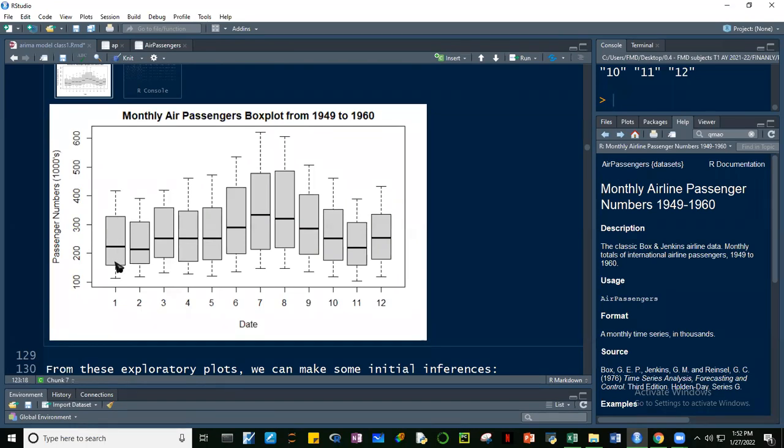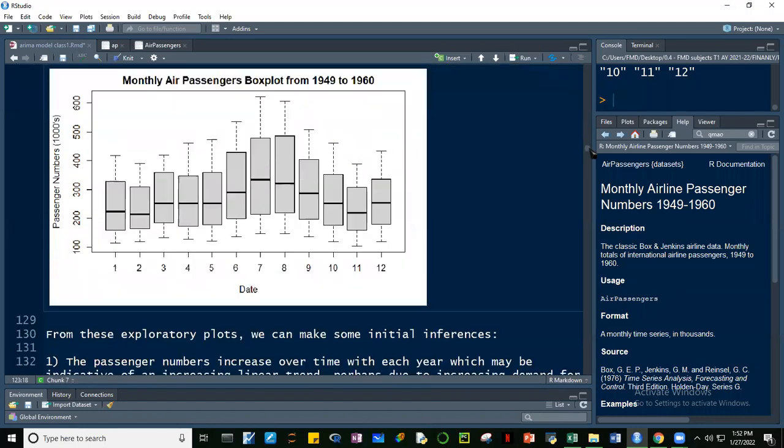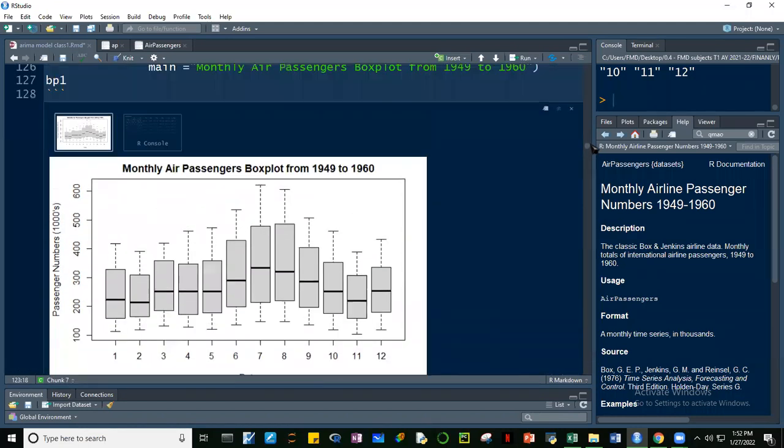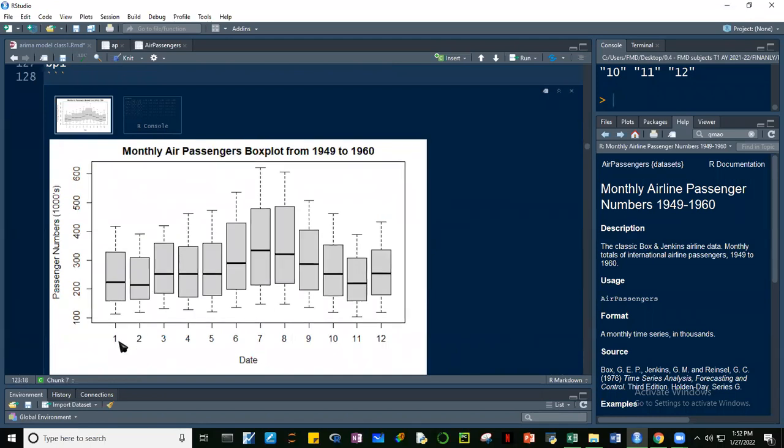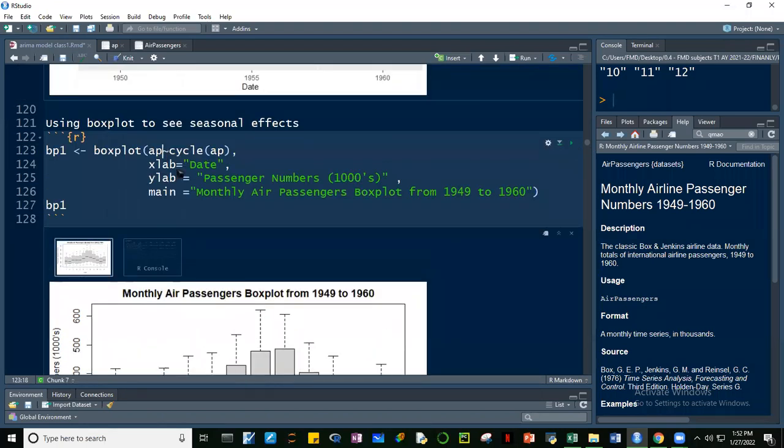What's this, guys? What is the 1 here? Is it 1949, 1950, 51, up to 1960? No, guys, because we used cycle. What is our cycle? Our cycle is 1 to 12, so 1 is month 1 and 12 is December. Yes, correct.